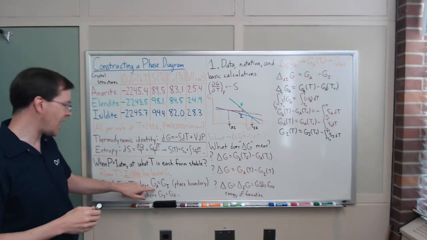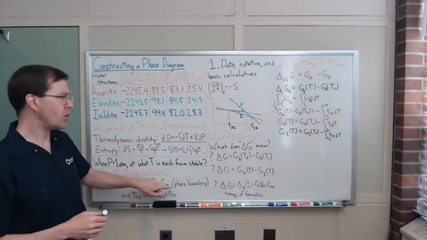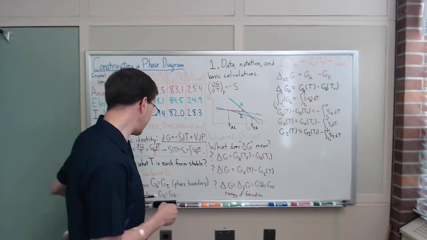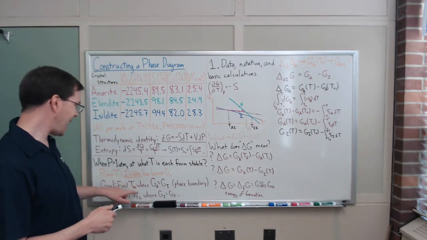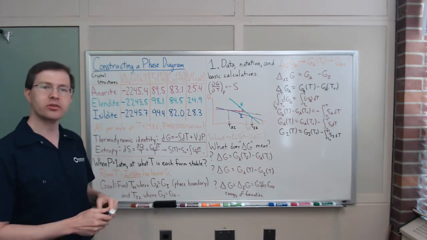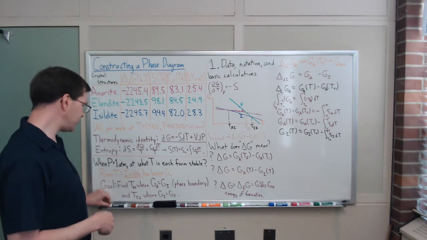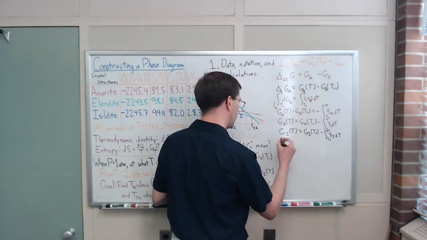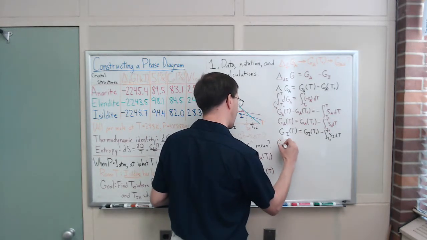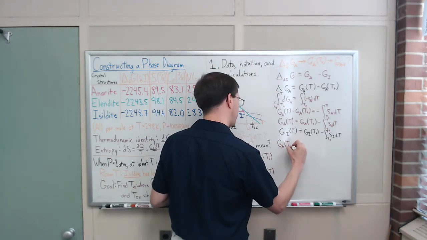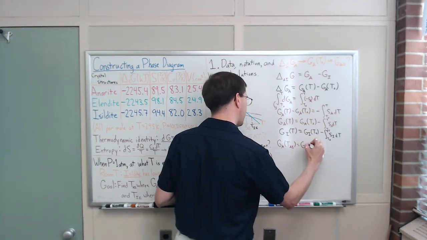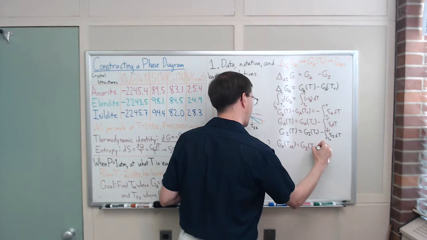I'm going to set G_A equal to G_I at my temperature T, at my special temperature T_AI. So G_A of temperature T_AI equals G_I of temperature T_AI.